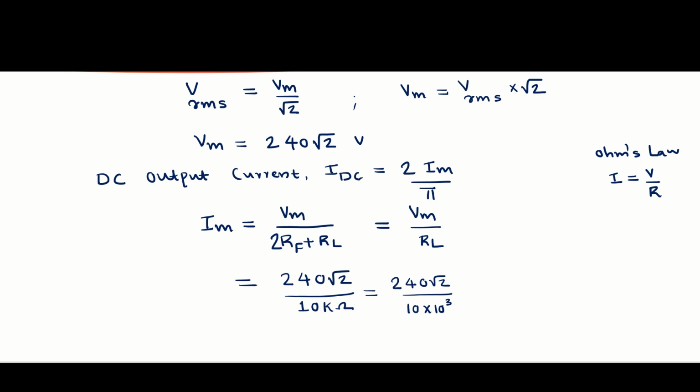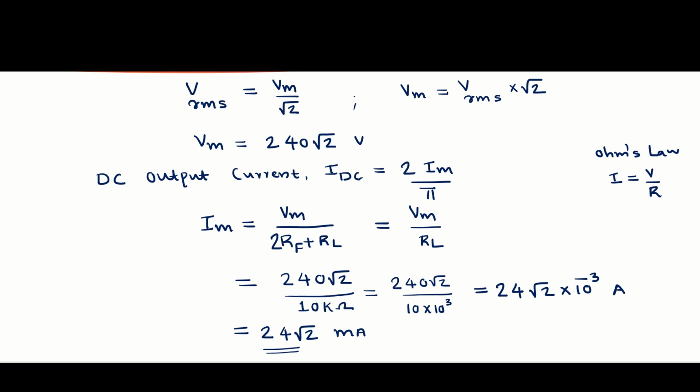Then doing this calculation, we get 24 root 2 into 10 raised to minus 3 amperes. The unit of current is ampere, indicated by A. So I can write this as 24 root 2 milliamps, where 1 milliamp means 10 raised to minus 3 ampere.